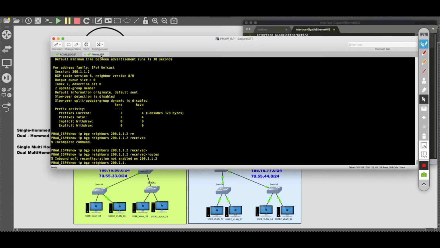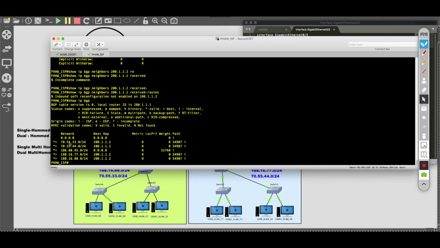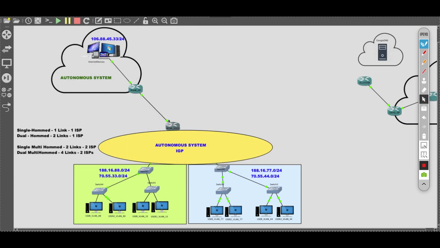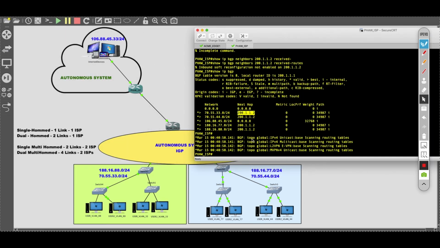Oh, sorry, I don't have this off the top. Just the basic. So if you can take a look, the prefixes that are being announced from ACME, when they do arrive on Shaw's ISP router, you can see how the next hop is the outbound interface of ACME Edge 1. Okay, so that's very important.